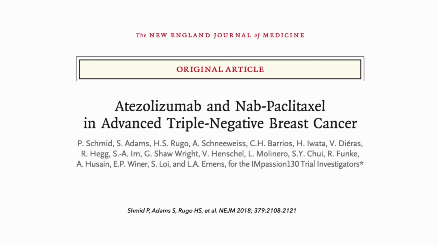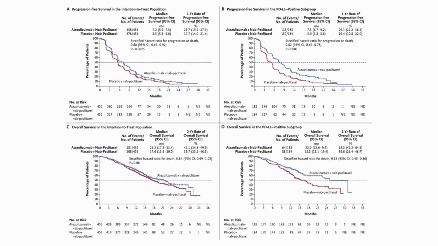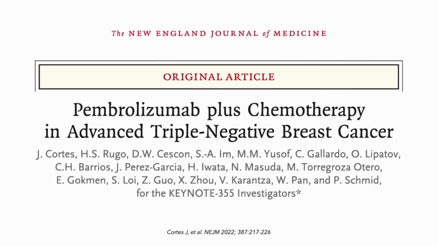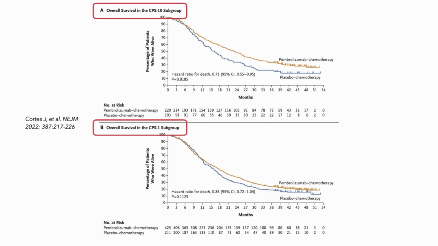In triple-negative breast cancer, there are multiple trials that show benefit in giving anti-PD-1 or anti-PD-L1 in those patients. And this actually shows the difference between patients with the combined positive score of 10 versus combined positive score of 1.